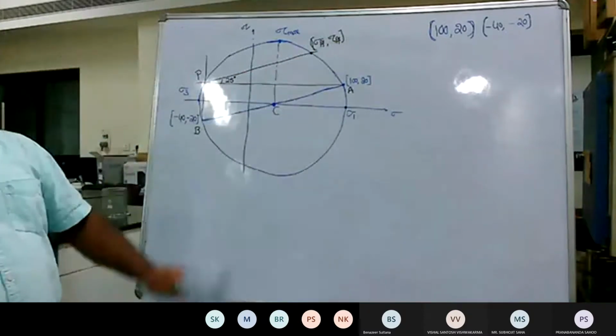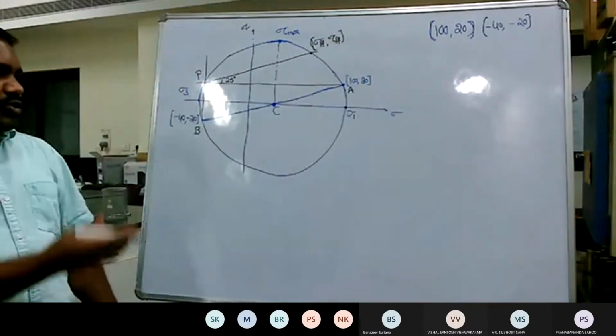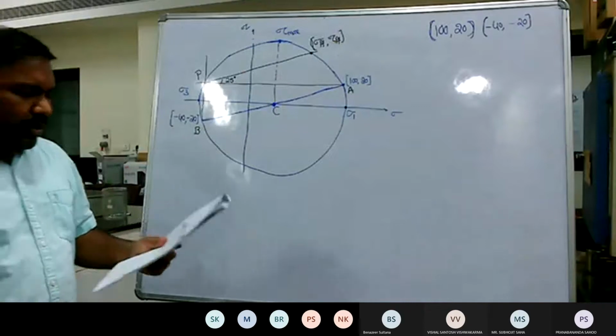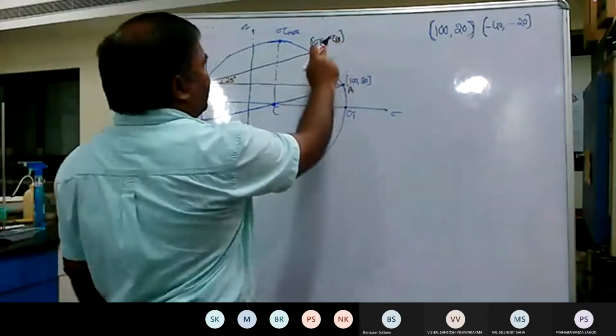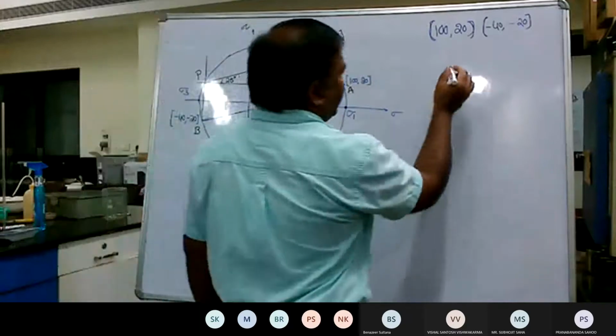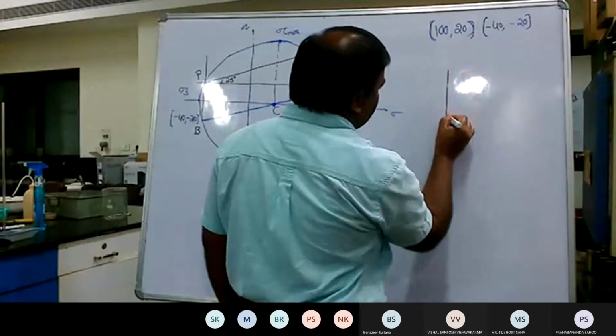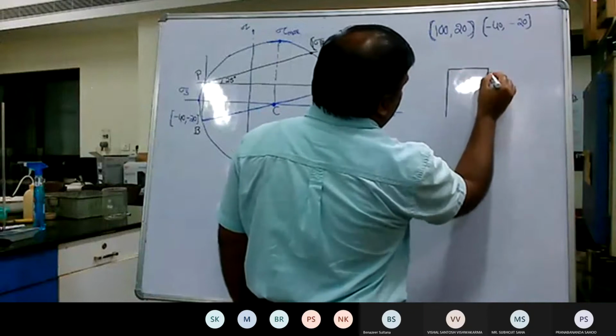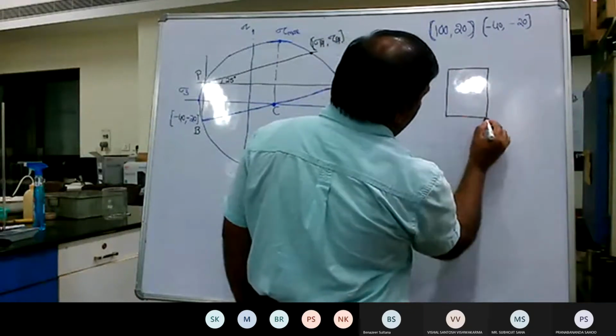Of course, you can also determine the same thing by an analytical way, so there is no problem, but this is the graphical way. So these are the stresses. In a sense, if you draw the free body diagram of an element, this is the element.